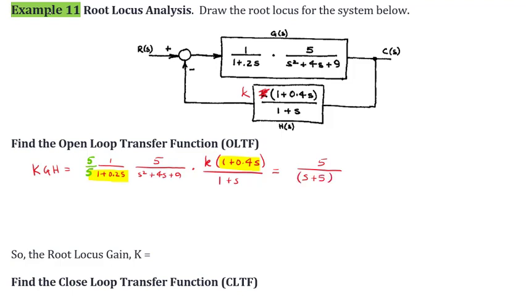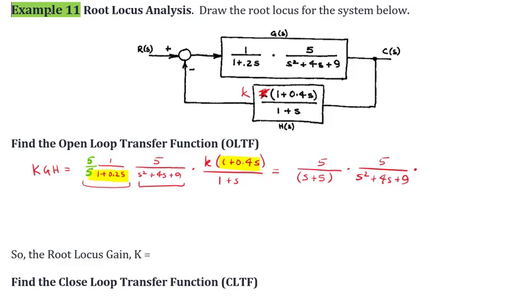So this term right here is the same as this right here. Then we're going to write this next term in. That's just going to be 5 over s squared plus 4s plus 9.